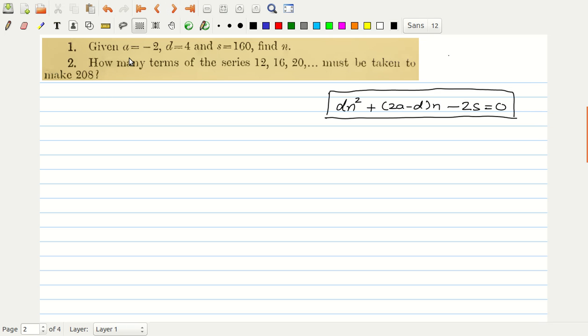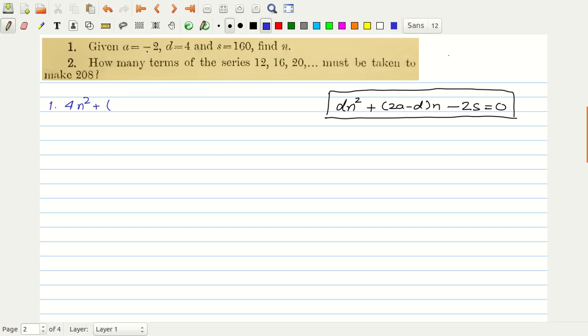Now, for the first problem, dn square, d is already given, which is 4. So, 4n square plus (2a minus d).